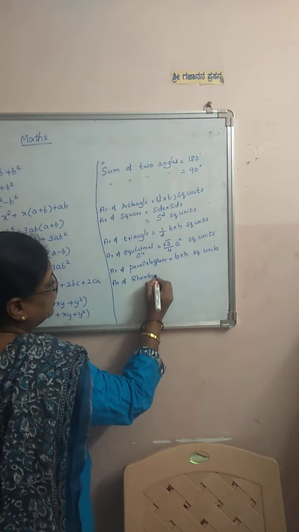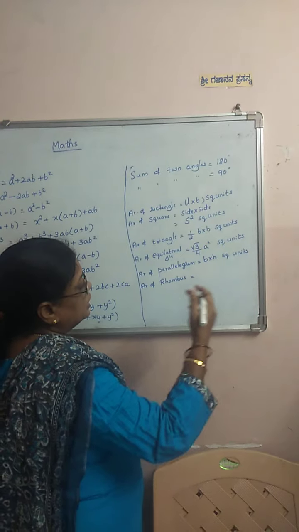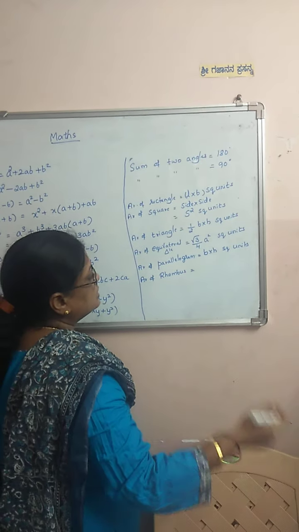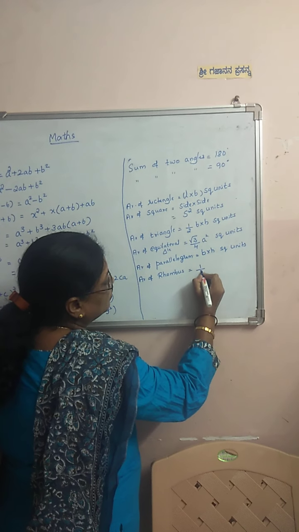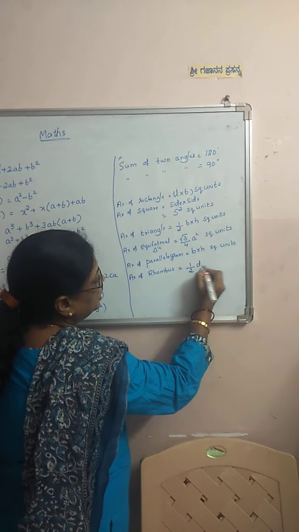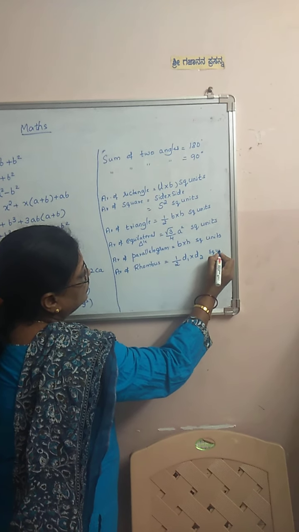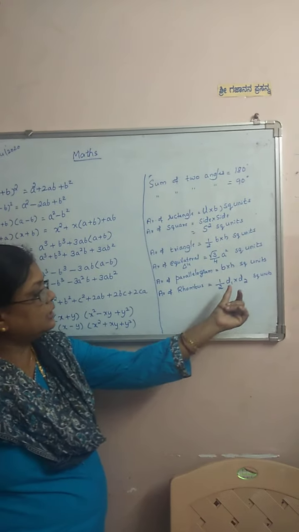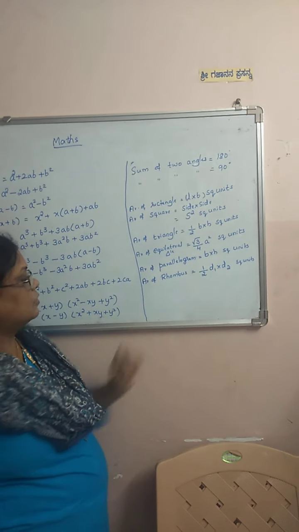All these you have learned, but I am just recapping because we are using all these formulas in your upcoming year. Area of rhombus equals what? What is the formula? Half into d1 into d2. This is also square units. Here d1 and d2 indicate diagonal 1 and diagonal 2 of the rhombus.